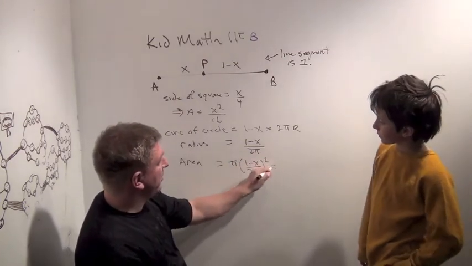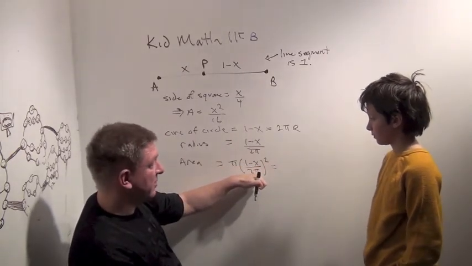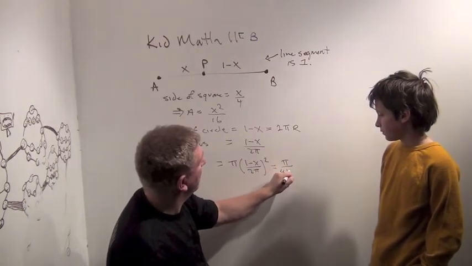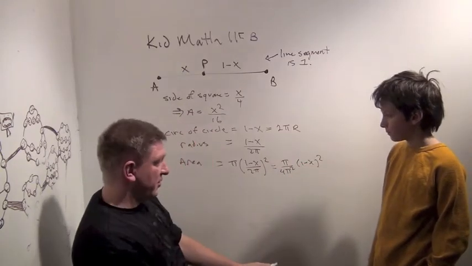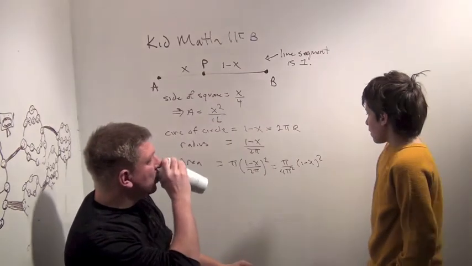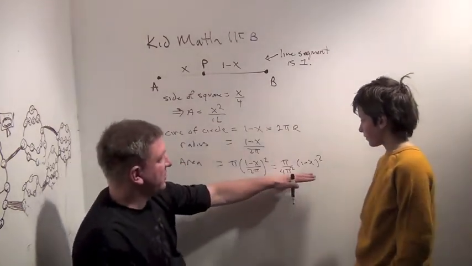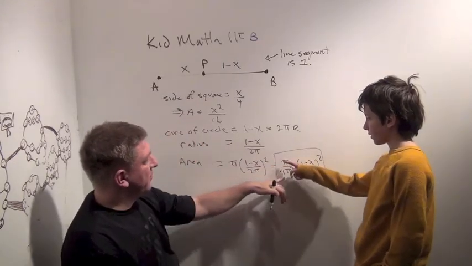Okay, now the 1 minus x squared I'm just going to leave, but I'm going to bring 2 squared divided by pi squared outside. So this is pi over 4 pi squared times 1 minus x squared. Okay, which does simplify. What does that simplify to be? There's one simplification I can do: pi over 4 pi, cancel the pi's.